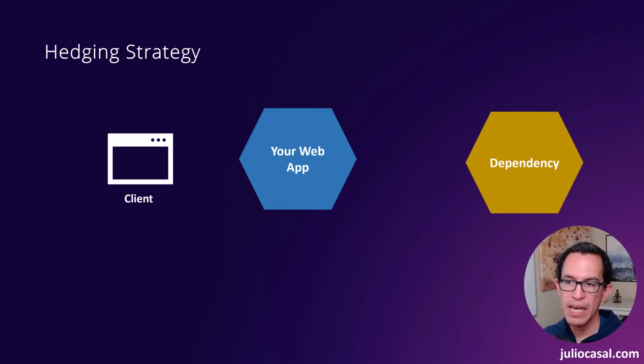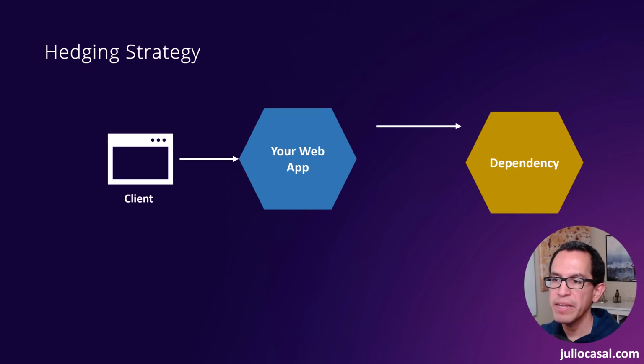Again, we have the client, web application, and dependency. The client talks to your application, and the application tries to talk to the dependency. But let's say the dependency is slow, just taking time. The idea of the hedging strategy is for an application that really cannot deal with slowness. It always has to be fast. So even before that request ends, we notice it's taking too much time, so we fire something else right away.